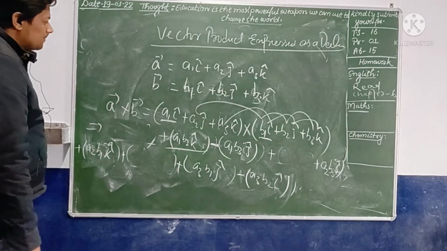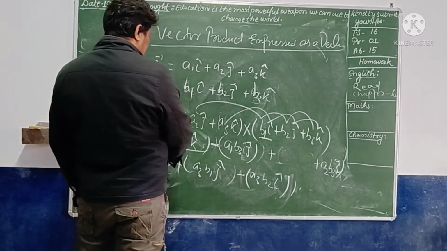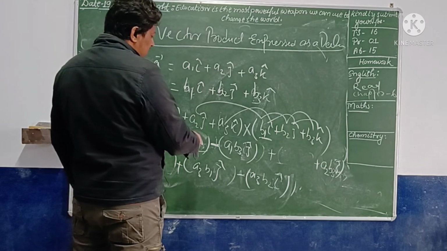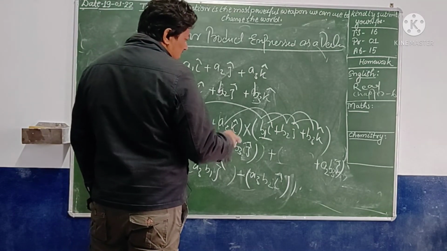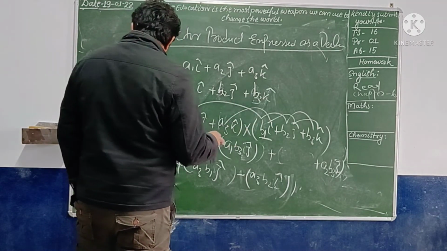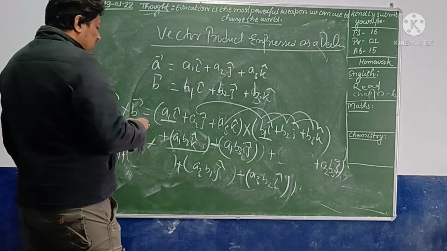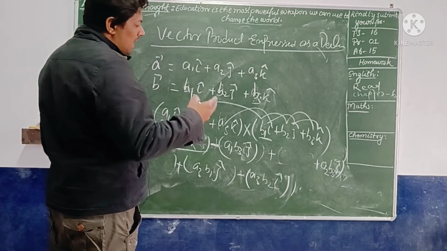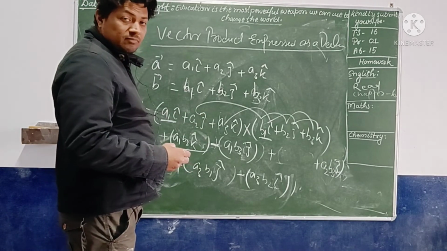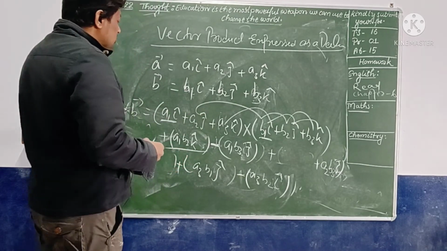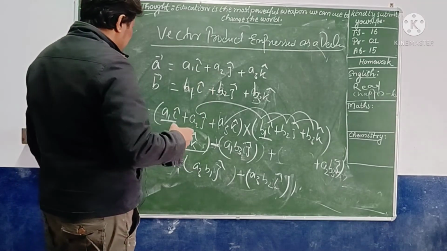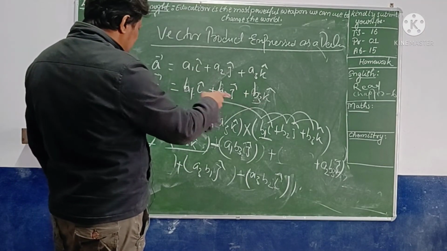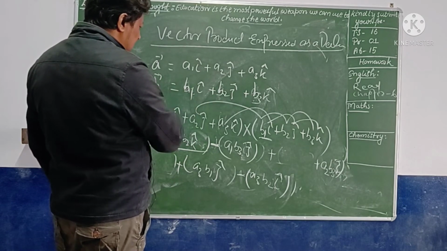Now what we have to do, we have A1 B2 K cap minus A1 B3 J cap, A2 B3 I cap, A2 B1 K cap, A3 B1 J cap minus A3 B2 I cap. We have noted it down. So in this, you are getting I cap, K cap, J cap and K cap.